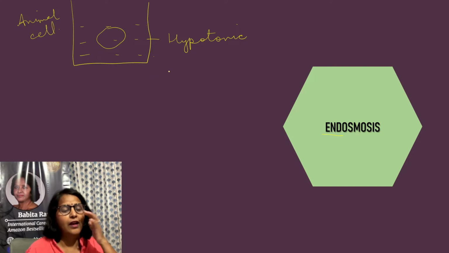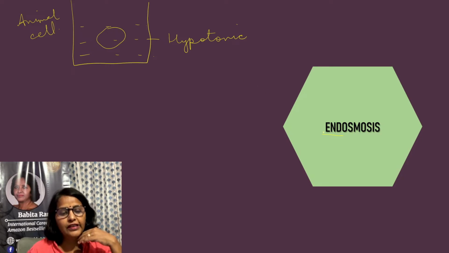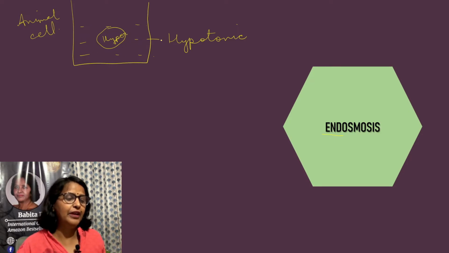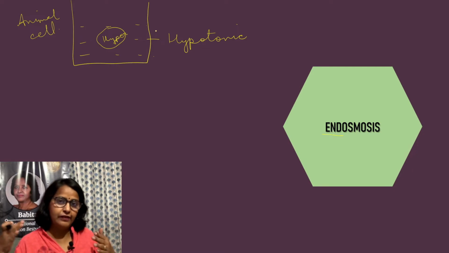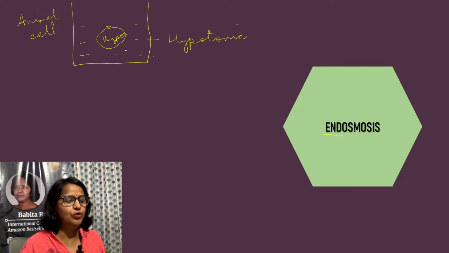What will happen in case of animal cell? Hypotonic, endosmosis, water is getting in, that means the cell is hypertonic in respect to the solution that we have taken here. So, what will happen? Osmosis is a process where water moves from hypo to hyper. So, water will move from this beaker into the cell.